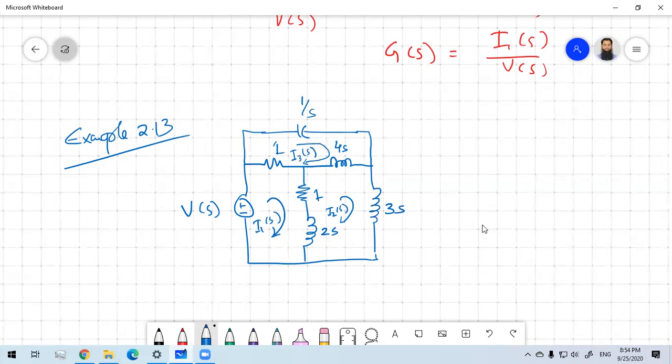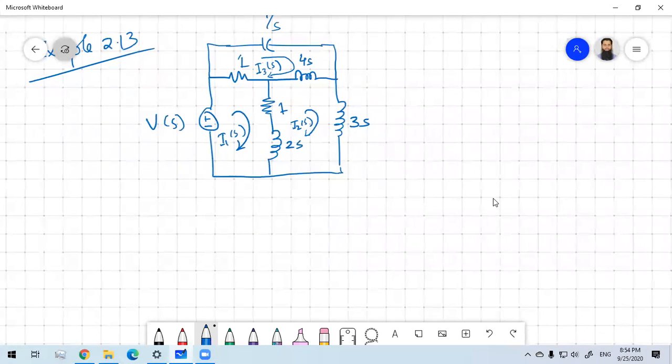So how to solve it? We know the summation of the impedances of the first loop, then the summation of the common impedances with the second one and the third one, and then the supply voltage. Here the I1 current goes through all of them, but through this one and this one the I2 current is involved, and for this one the I3 current is involved. All the impedances of the first loop will be there.